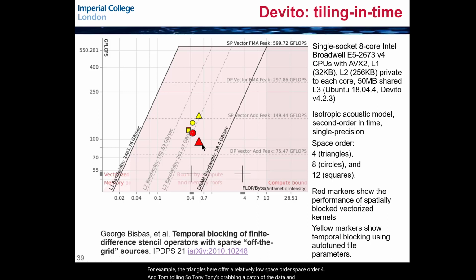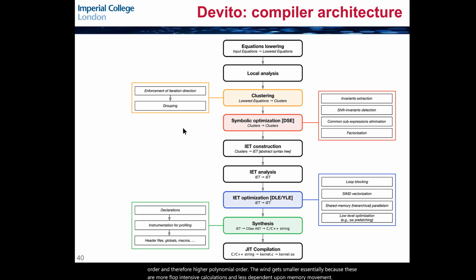And tiling, so tiling in time means grabbing a patch of the data and progressing multiple time steps on it before moving on to the next time step. And as you can see, this potentially offers quite big performance advantages. For higher spatial order, for higher polynomial order, the win gets smaller, essentially because these are more flop-intensive calculations and less dependent upon the memory movement.